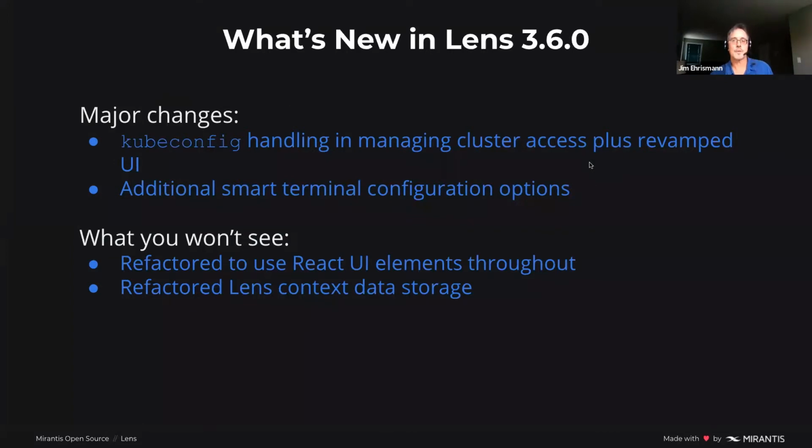We added some configuration options to that. There are some things that you won't necessarily see or notice that were done, and this involves some code refactoring. Specifically for the UI, we made some changes so that it uses a React JavaScript framework throughout, and the way we save context data we refactored as well.